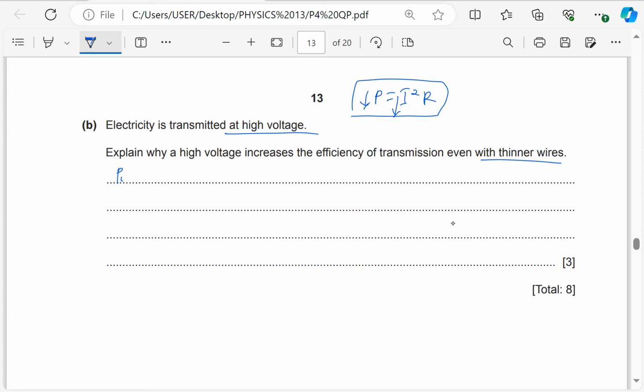So we know that power loss in the wires is equal to I squared times R. That's number 1. So for the same power transmission at high voltage, lower current flows.